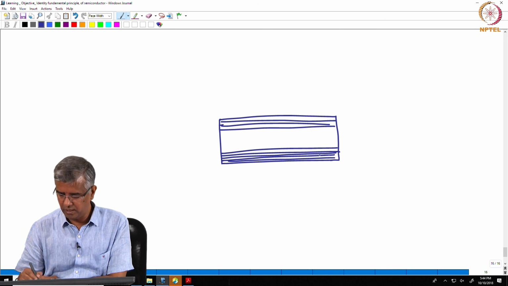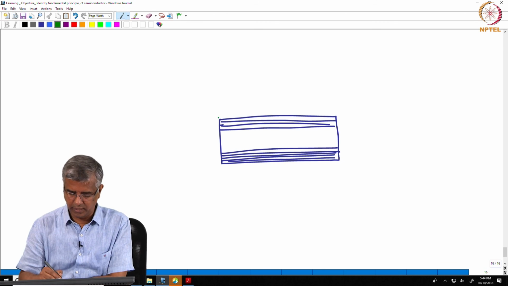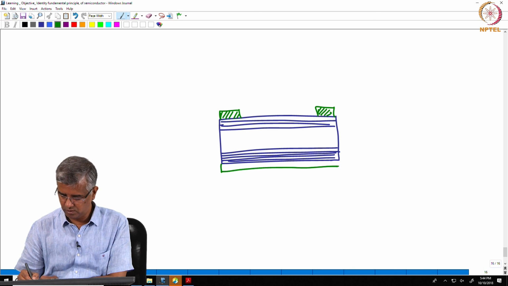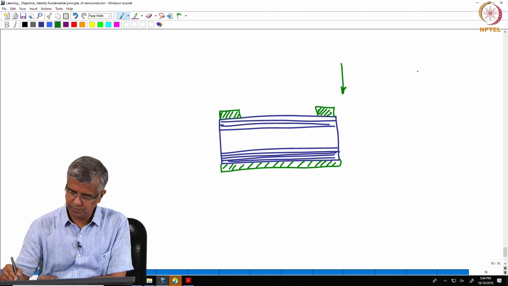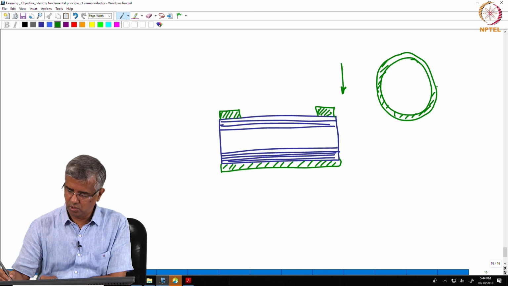So, you are essentially having a Bragg grating here and a Bragg grating here, and you define your electrodes in a ring fashion. The bottom electrode is like this, but the top electrode, if I am looking from here, will look like a ring electrode.